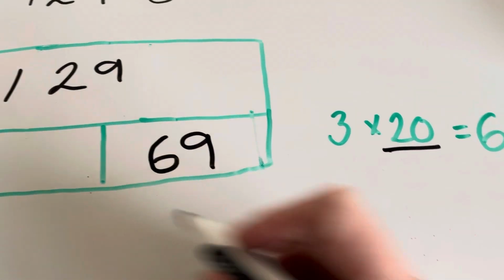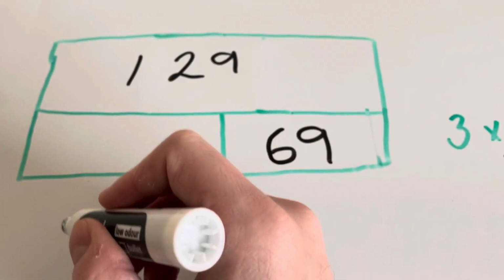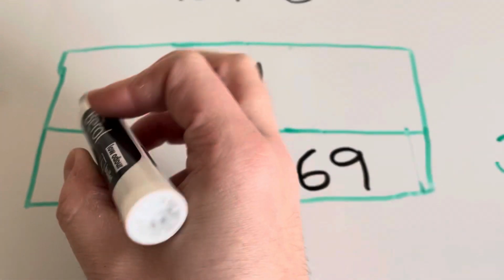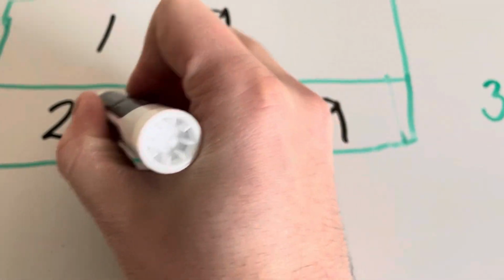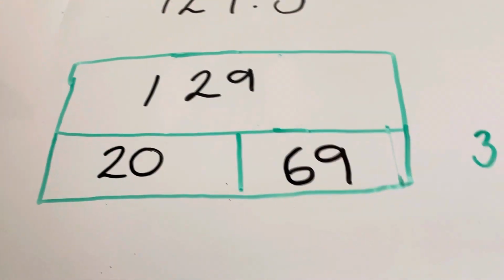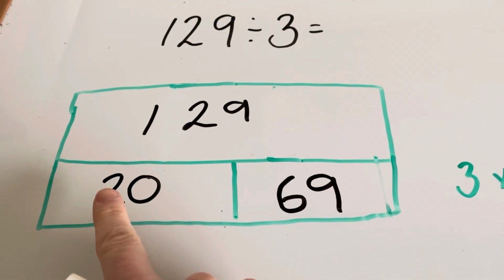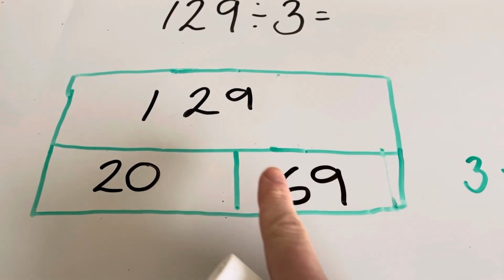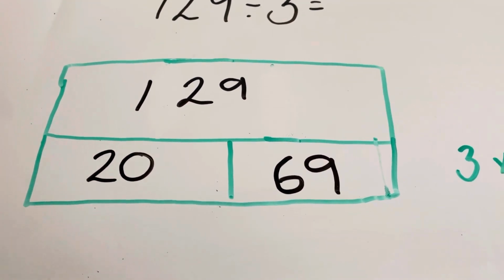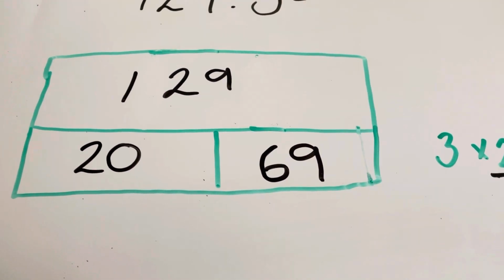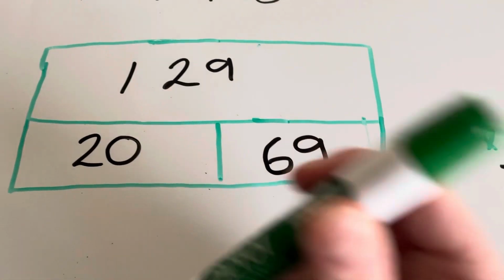So my answer, I'm going to add up the chunks of value, not the chunk I've taken away. So I'm going to put in 20 in here. So at the moment, I've taken away 20 groups of 3, and that's left me with 69 when I started with 129. Let's do another bar now, and let's see if we can take away another chunk.